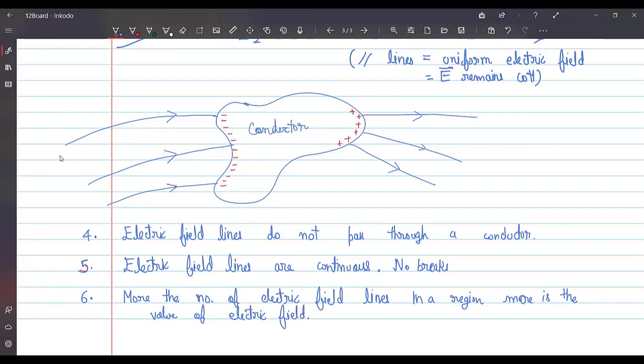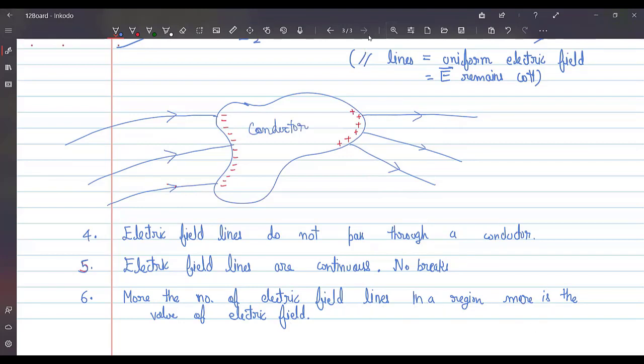Now, don't think that an electric field line is just this line. It's like something is originating from this region and flowing everywhere in the surrounding. It's not just lines. It is like a flow of water around the region. So to understand this point, the more the number of electric field lines in a region, the more is the value of electric field.